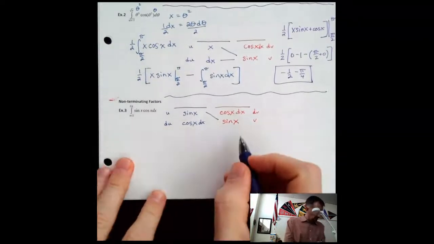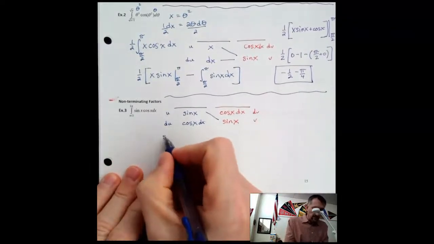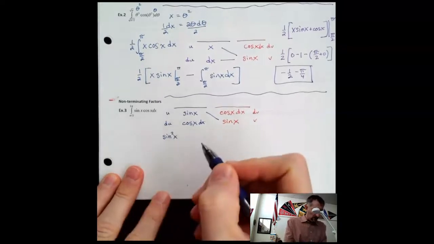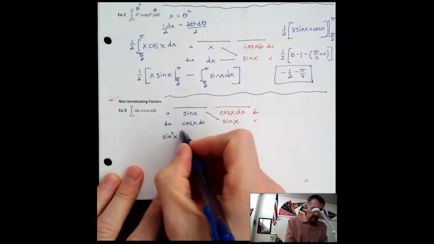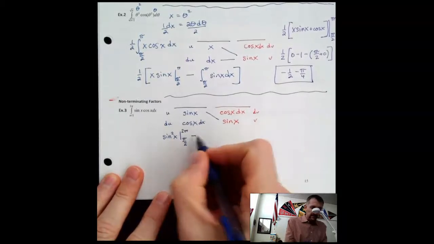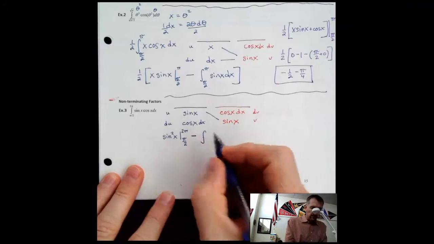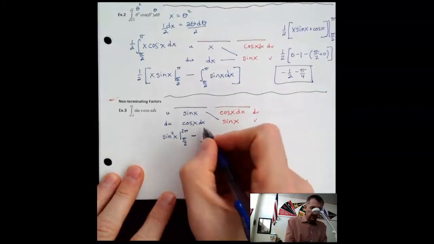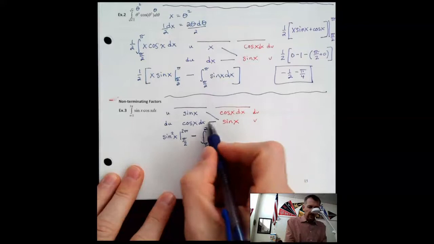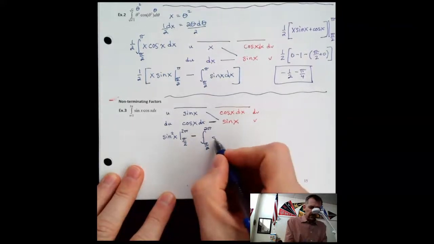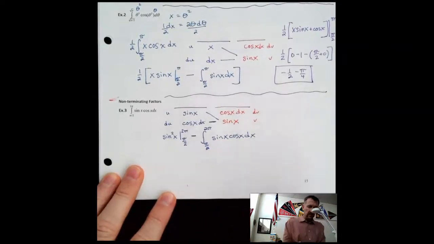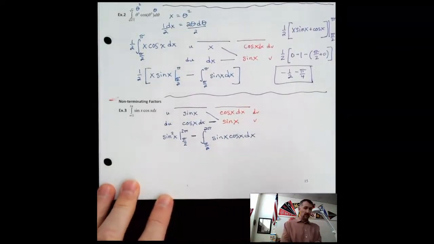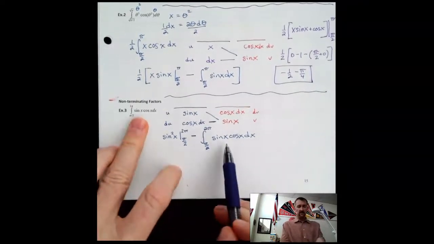So we're going to get sine squared, and that's going to be from pi over 2 to 2 pi, minus the integral of pi over 2 to 2 pi of this one, which is going to be sine x cosine x dx. Okay? So what you should recognize is, like the one we had the other day, this is the same as this.